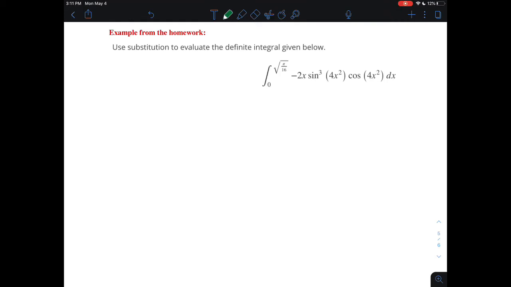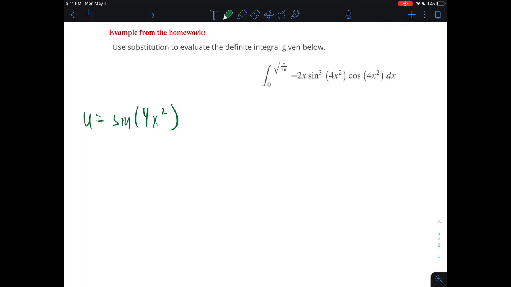The integrand is pretty similar to one that we saw earlier, but now we have these limits of integration. Just like we saw earlier, I see a sine function and a cosine function. I'm going to pick the one that is being raised to a power. So it makes the most sense to use u is sine of 4x squared, because then the derivative of that will involve cosine of 4x squared also.